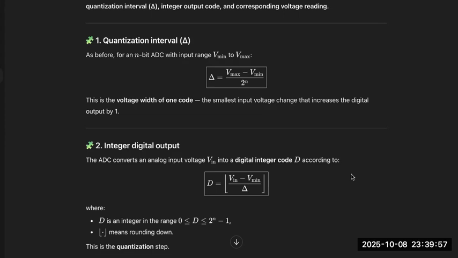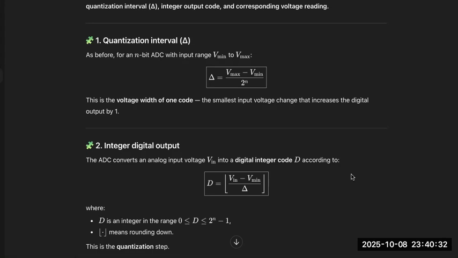The quantization interval, for an m-bit ADC with input range V minimum to V maximum, is the maximum voltage minus the minimum voltage over 2 to the power of n. This is the voltage width of one code, which is the smallest input voltage change that increases the digital output by 1.